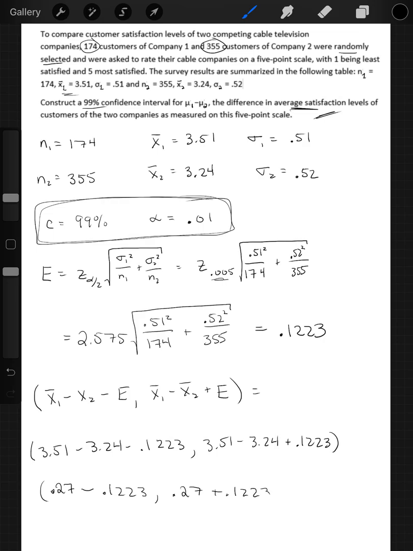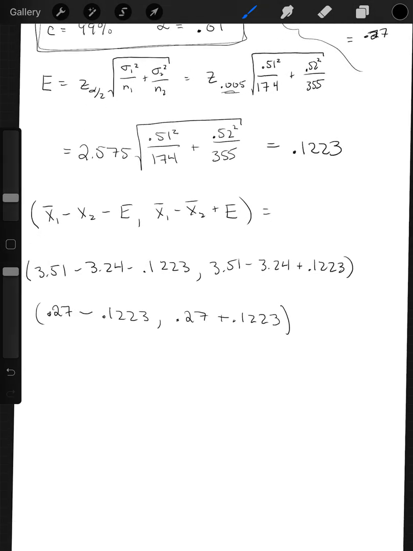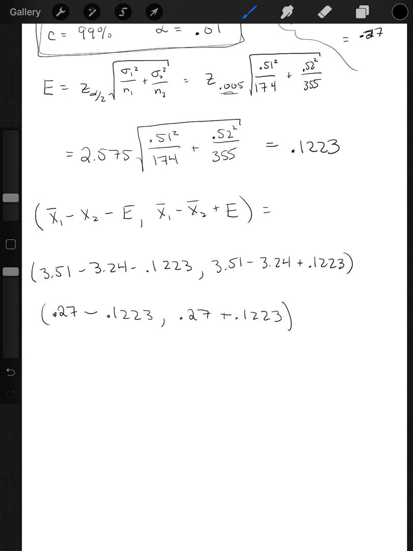So one thing that you can do as an intermediate step is go ahead and figure out up here, right, that your point estimate is going to be 0.27, and just have that to fill in both of these places, because it's always going to be the same, and it's going to be the same number subtracted by E and added to E. So we get 0.1477, if I did that correctly in my head, and 0.3923, right?